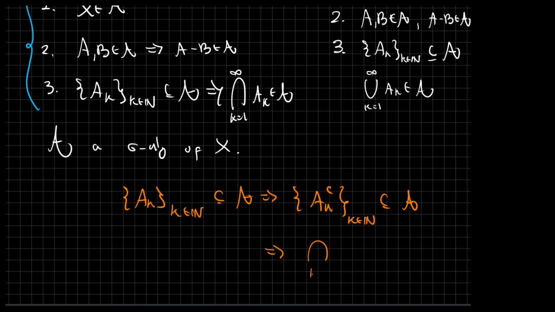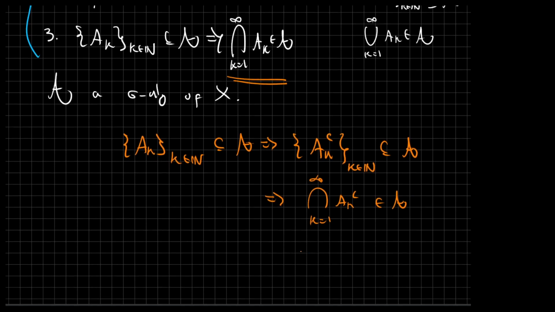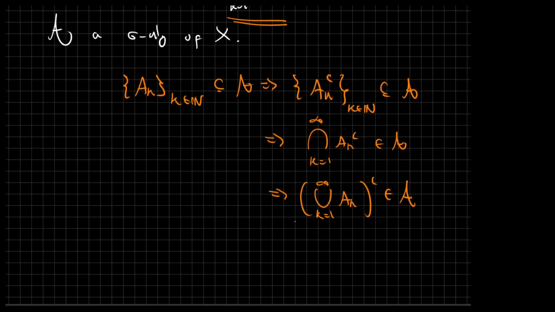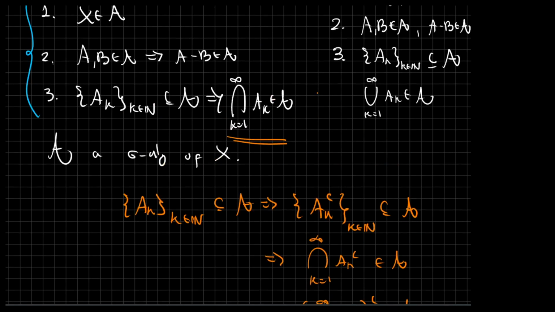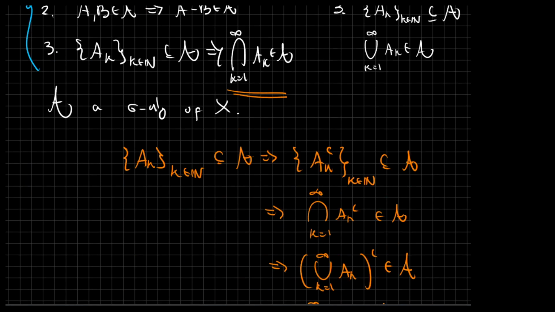Then this implies that the intersection is an element of the sigma algebra if we assume this definition of sigma algebras. Then this is equal to this one, and then we take the complement of this union, and the complement of the complement is the same set. So this proves that this property also implies this one. So these two are equivalent definitions.